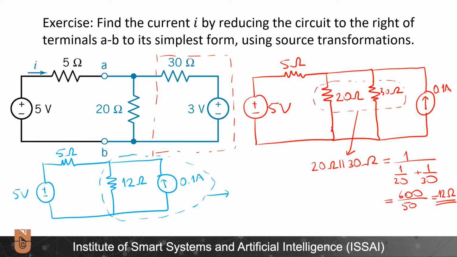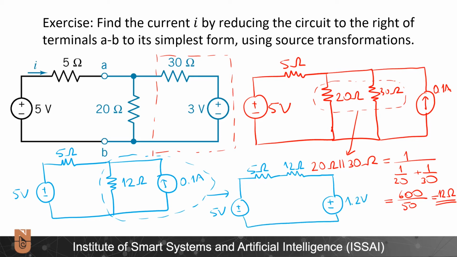And that will become plus minus 5 volts, this 5 ohms, now this series 12 ohms, and since it is just pointing upward, I will have plus minus 1.2 volts. So this is my new source transformed circuit.